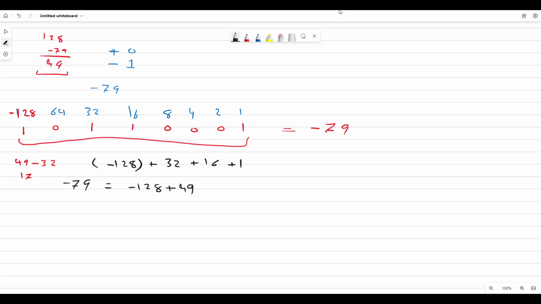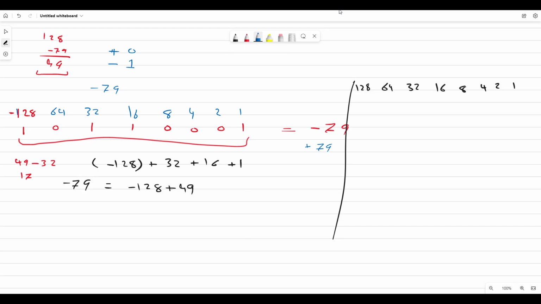The other way: if I want to represent negative 79, I can start from the positive 79. We write the headings 1, 2, 4, 8, 16, 32, 64, 128, and I want to represent the positive 79.